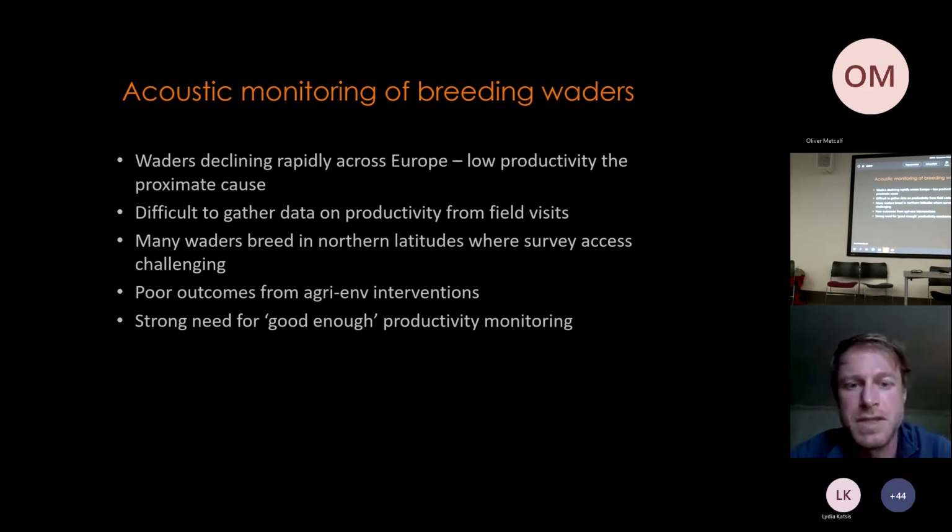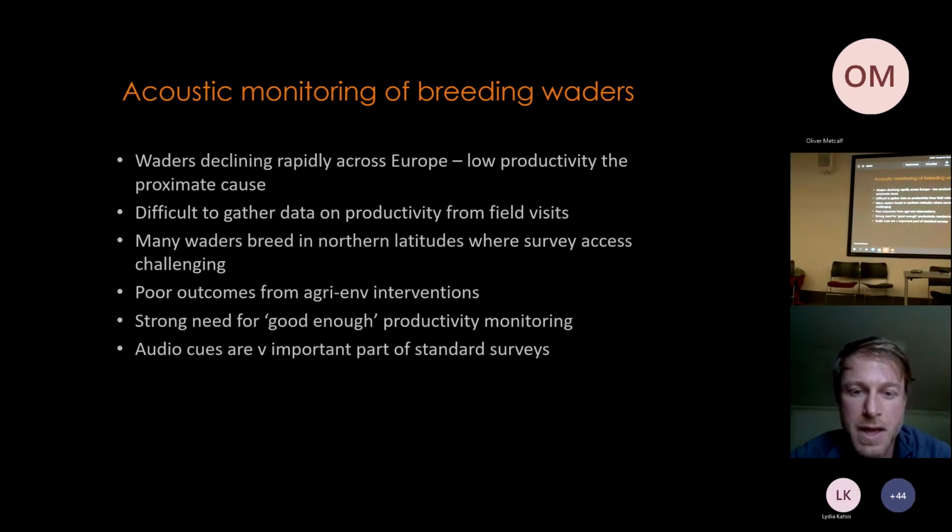So there's this really big need for good enough productivity monitoring. It doesn't have to be perfect, but an approach that we could roll out across a large scale to gather some data would be really useful for lots of purposes.